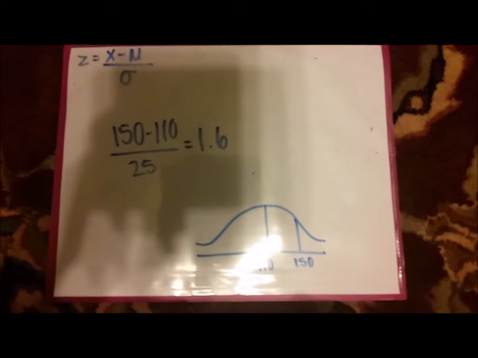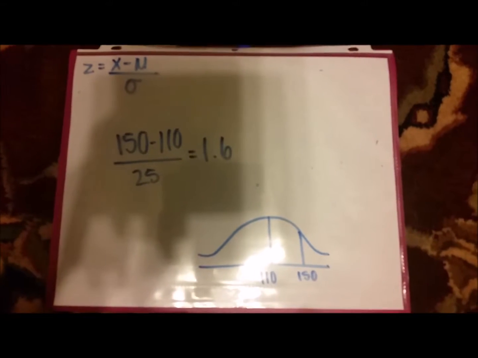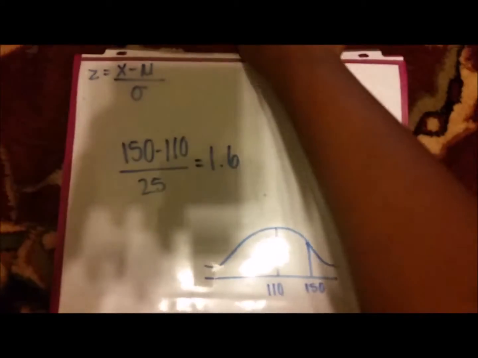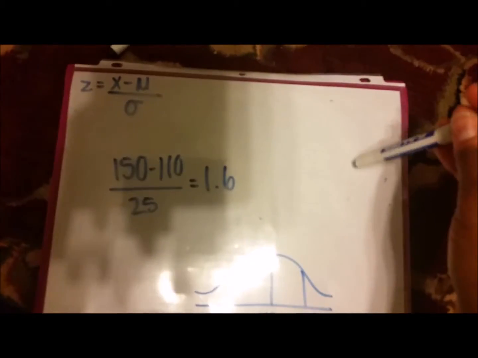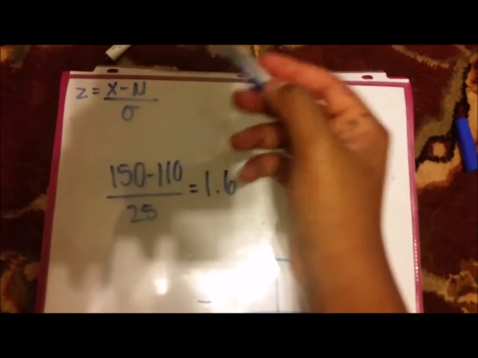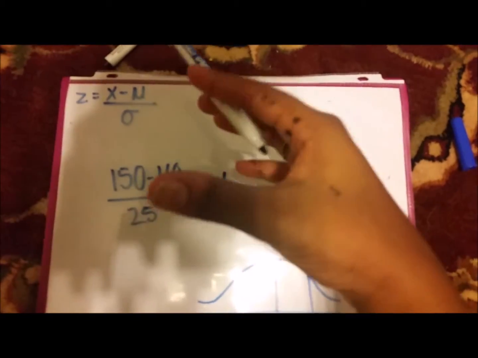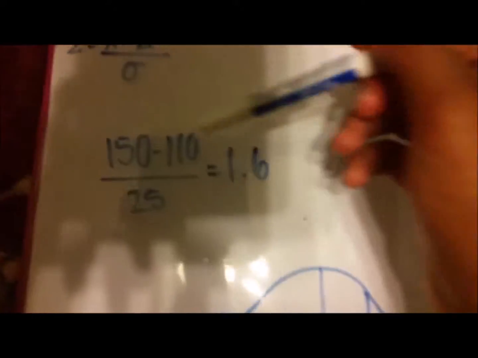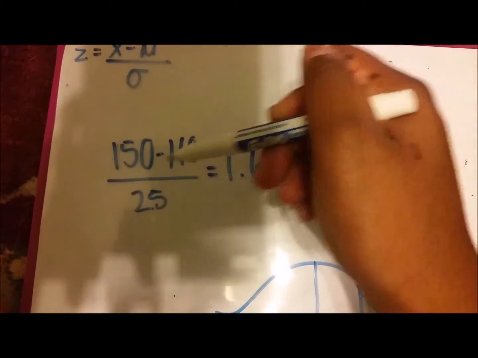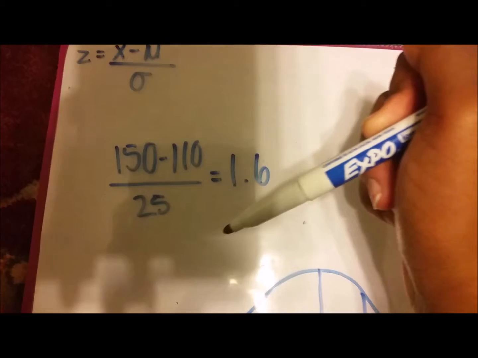Now question B is asking what percent have scores above 150. As you can see, I kind of already set up what we're going to be working with here so it doesn't take up as much time and I don't have to erase as much. So I have the formula up here if you need to remember it. So what I already did is I plugged in 150 minus 110, the mean, over the standard deviation of 25.